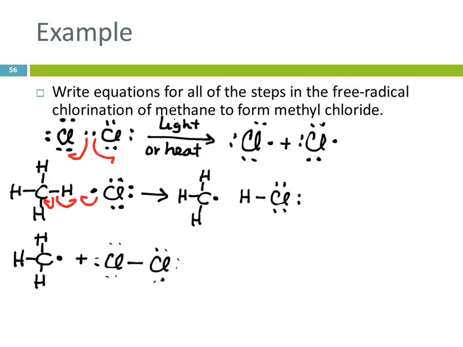So here, this chlorine atom is going to share its electron from the chlorine with this electron from the radical. And those two electrons are going to form a bond. So now we've got chlorine attached to the carbon.